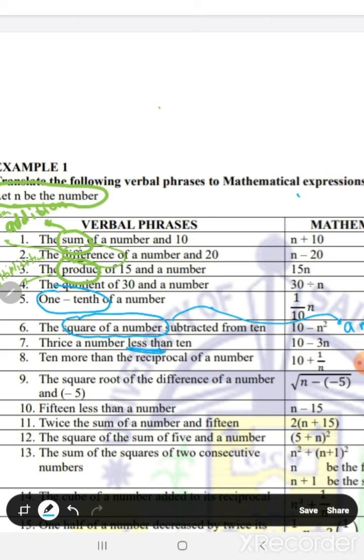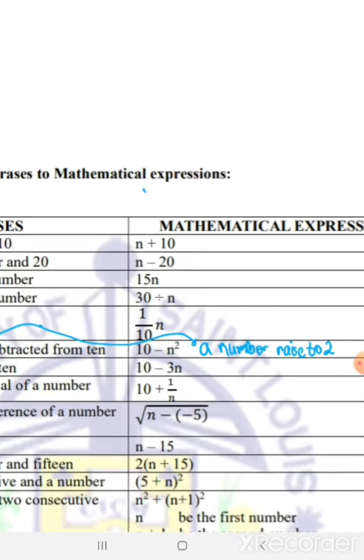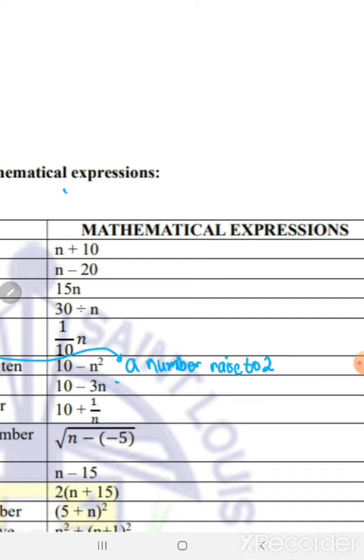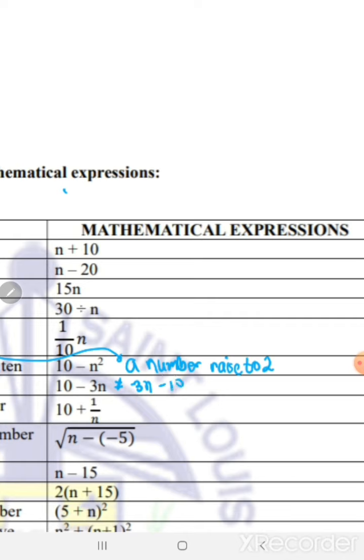So 10 minus 3n. Don't confuse yourself with that. So pag nagkamali kayo, take note that it is not equal to 3n minus 10. It will never be equal to that expression.